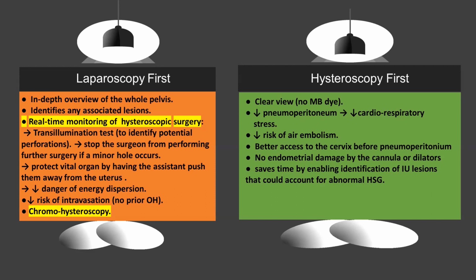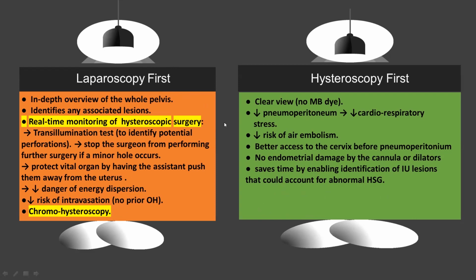No endometrial damage by the cannula or the dilators, so proper visualization again, and it saves time by enabling identification of intrauterine lesions that could account for abnormal HCG. So now we have two categories of which one should be started with, laparoscopy or hysteroscopy. In the conclusion of this publication, we recommended starting by laparoscopy.